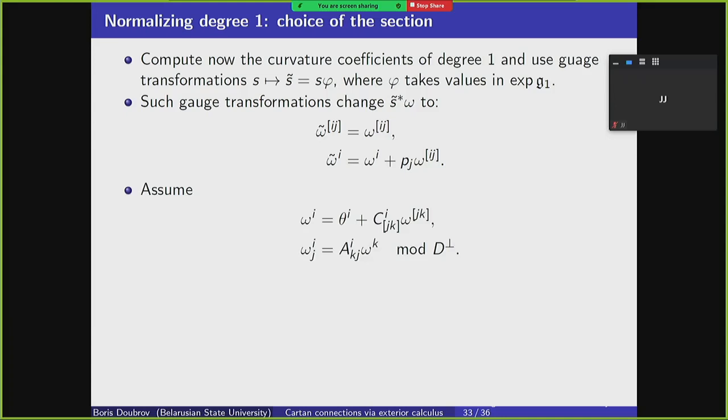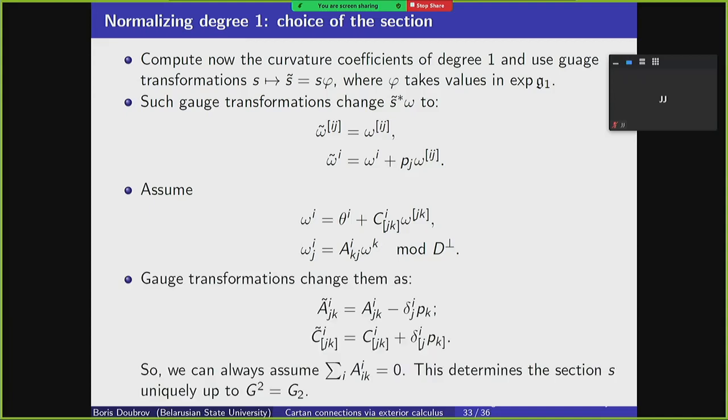And we also try to see what happens next. We try to pick up some other coefficients which are in omega ij. So this is a G0 slot of our connection, and we see that these coefficients change like this. These are our gauge transformations in this case. Again, we can do a few things here.